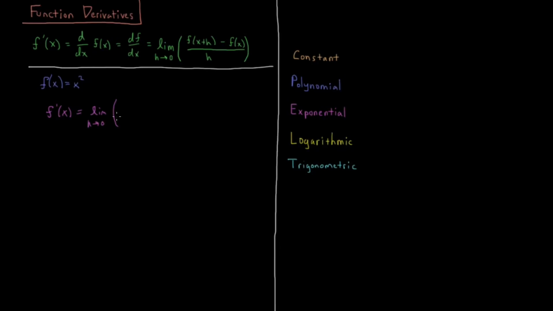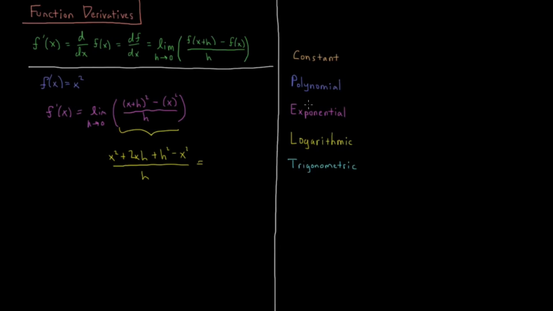The limit as h goes to 0 of, so f of x plus h is x plus h squared, minus f of x, which is x squared, divided by h. Okay, we can work with the function inside the parentheses there. x plus h squared is x squared plus 2xh plus h squared, minus x squared, divided by h.